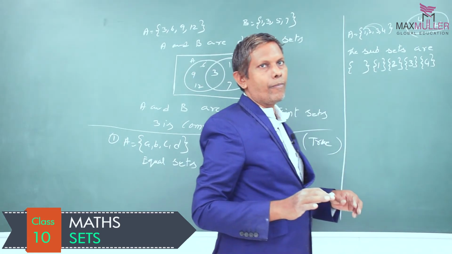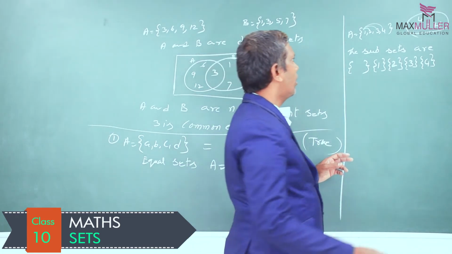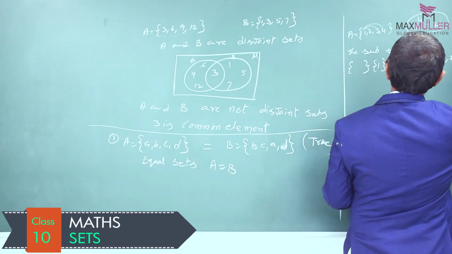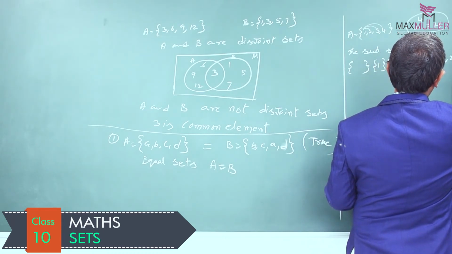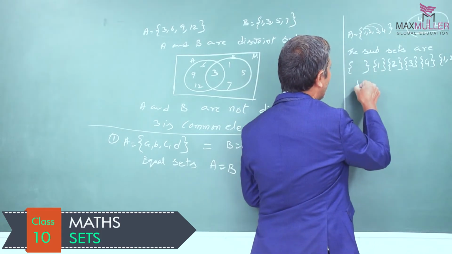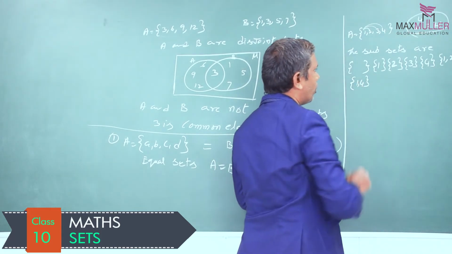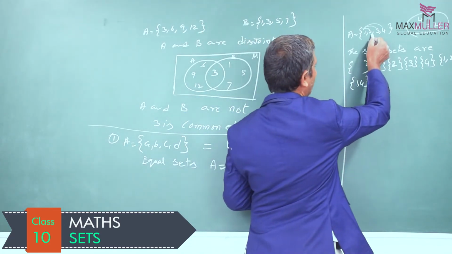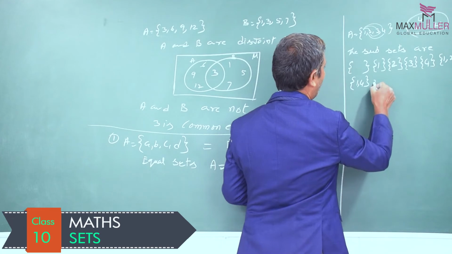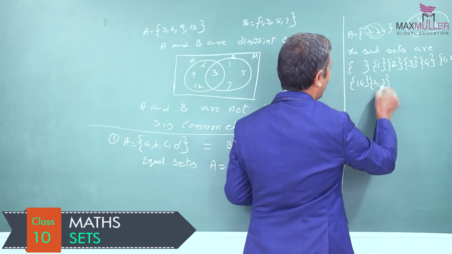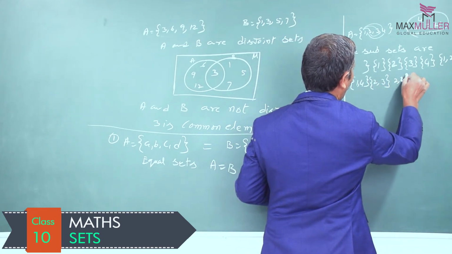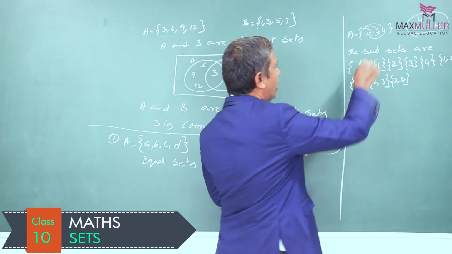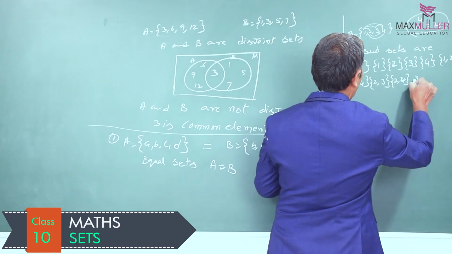Write in order, otherwise you can miss one. After that 2, 3, 2, 4, and then 3, 4.